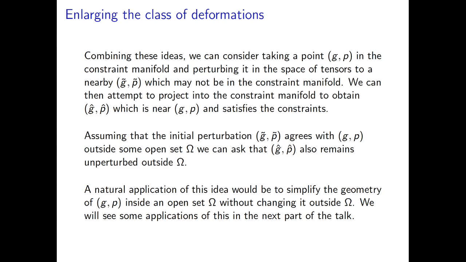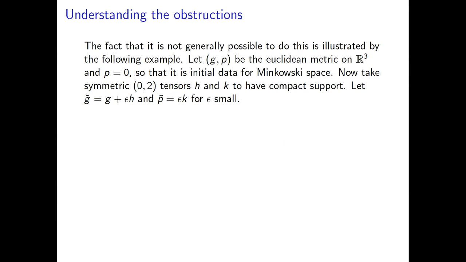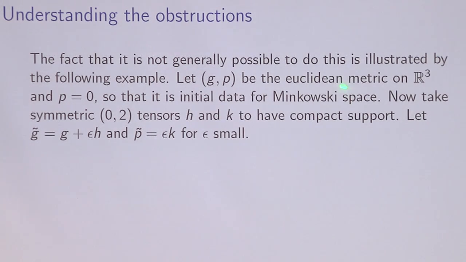And so there are certain things you can't do with the constraint equations, and it's related to the space-time symmetries, really. For example, suppose I take G and P in the Euclidean metric, and I deform them. I write G tilde as G plus epsilon H, and P tilde is epsilon times K for epsilon small, and then I try to perturb that to be a solution to the constraints.